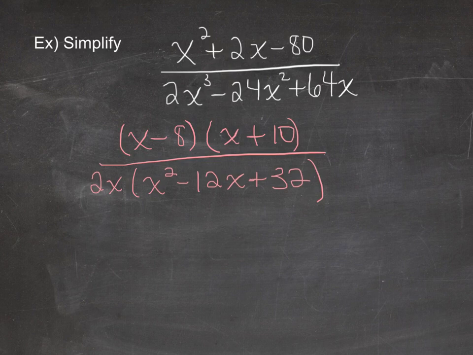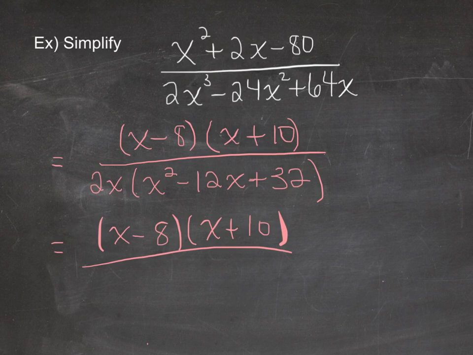So that would be -8 and -4. So then I have x minus 8, x plus 10, all over the 2x stays in front. And then I said I factored this into x minus 4 and x minus 8 will work.